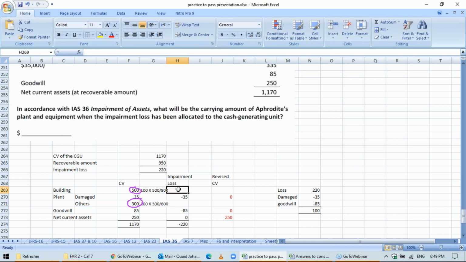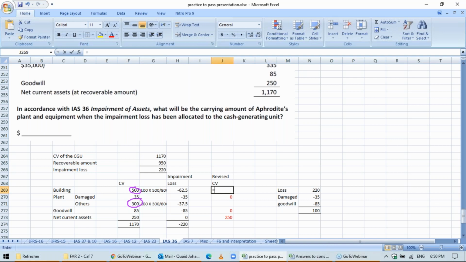So now this makes 62.5 to the building and 37.5 to the other plant and machine. This is how it is done.